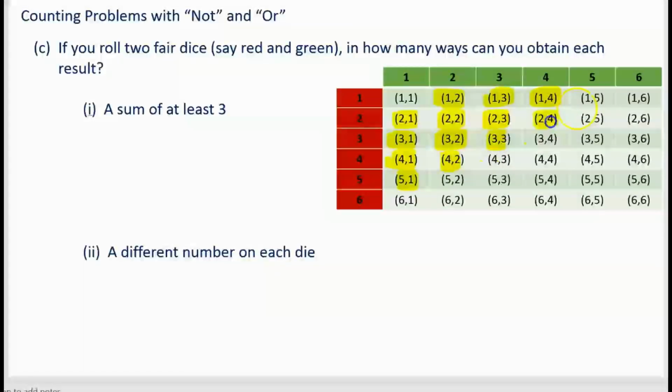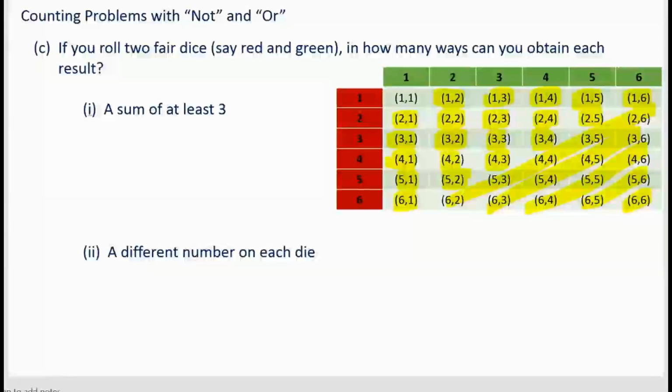And these other ones add to 6. And then all of these, for the longest diagonal, add to 7. And then all those add to 8, all those add to 9, all those add to 10, all those add to 11, and then that last one adds to 12. So the sum of at least 3 is all of the ones that I have highlighted. Now remember what section we're in. They want us to use a complement.